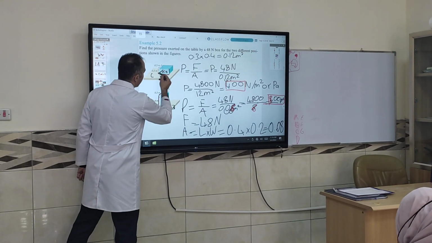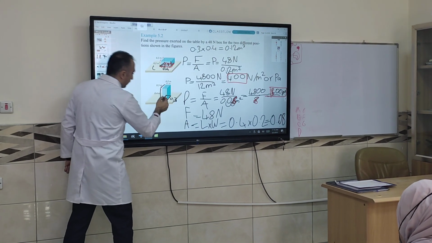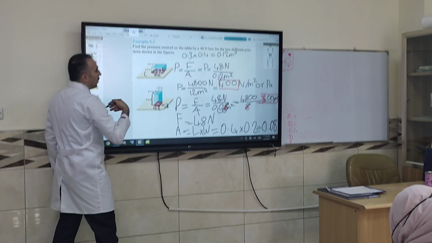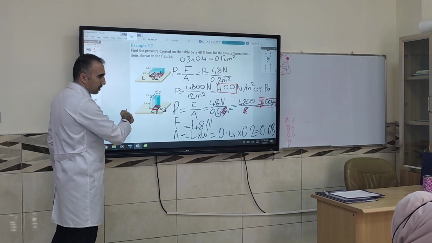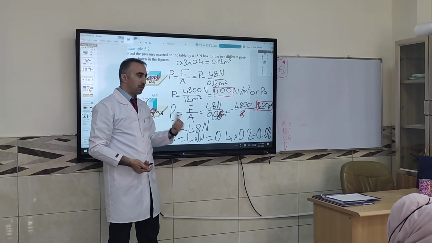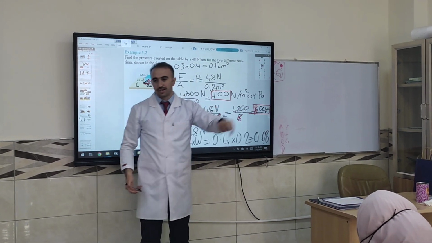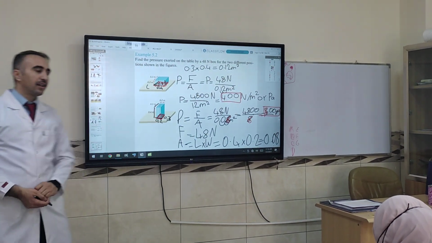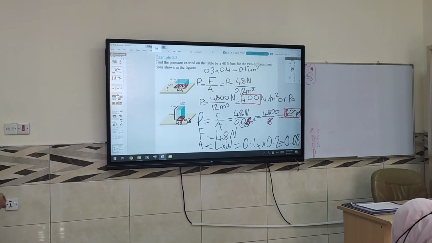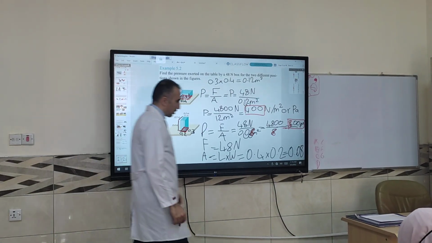Well done. You see, this time the area is big, and this time the area is small, 2 times smaller. Two times smaller makes it 2 times bigger pressure, right? 400, 800. Did you understand? Yes. That's the point. If we use a large area, the pressure will be smaller.